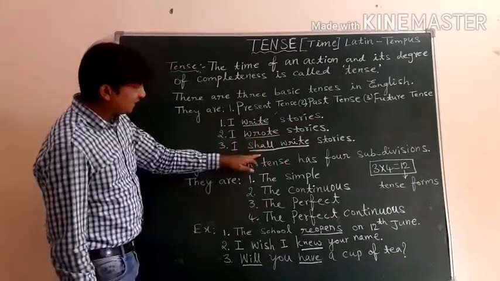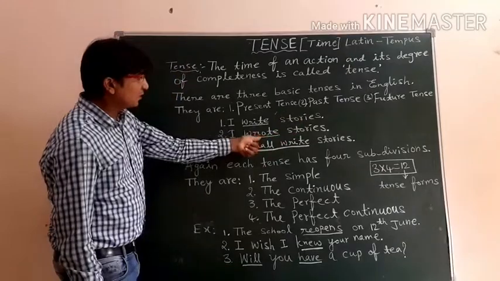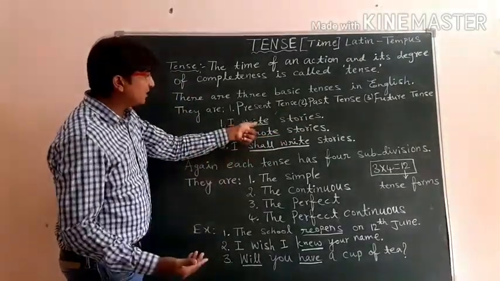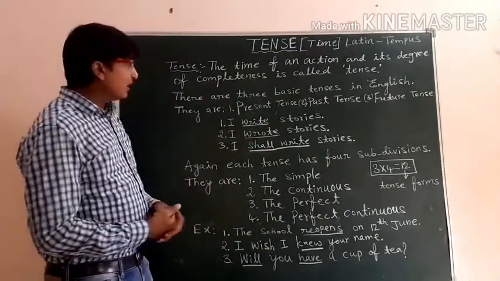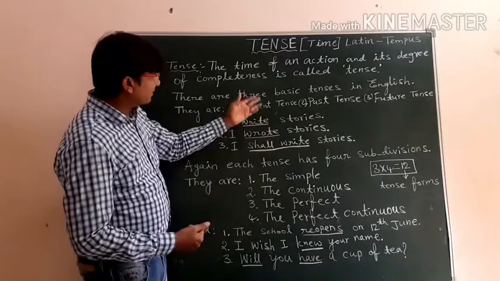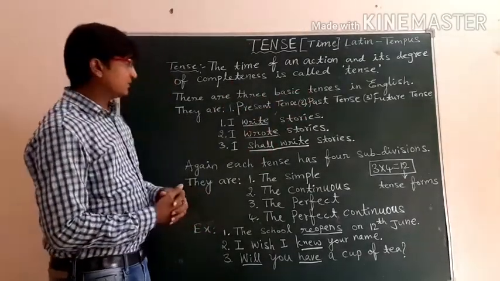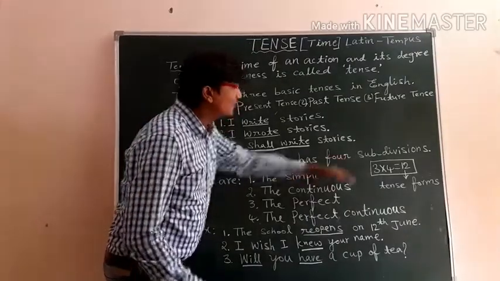Because of shall, we can understand that the sentence is in future tense. Looking at the verb, we can understand whether these are in present, past or future tense. And then again, each tense has four subdivisions.